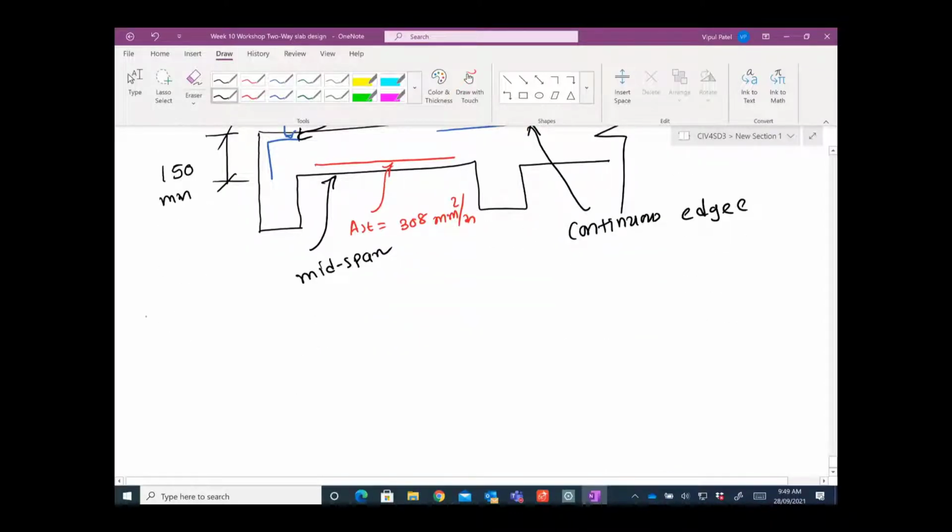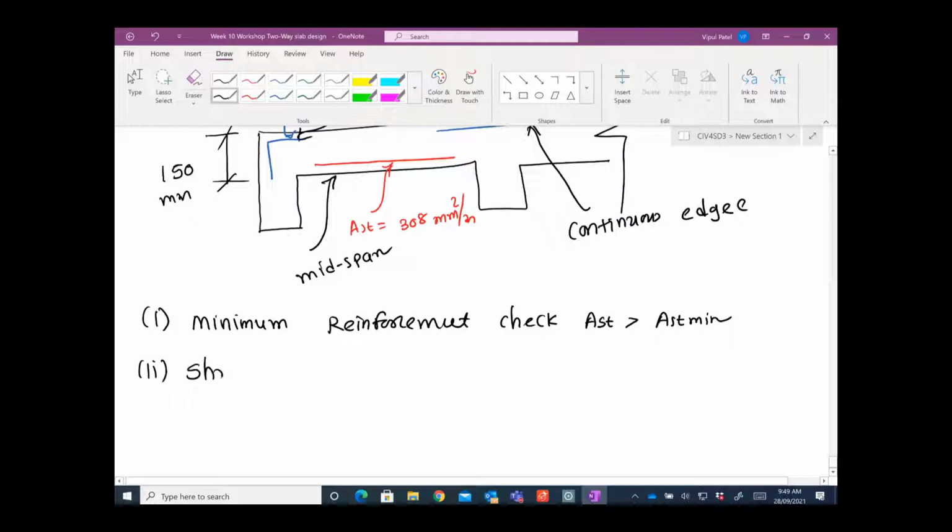So the first check we did, which is the minimum reinforcement check, is to make sure Ast should be greater than Ast minimum. The second check we are going to make is called the shrinkage and temperature crack control check.